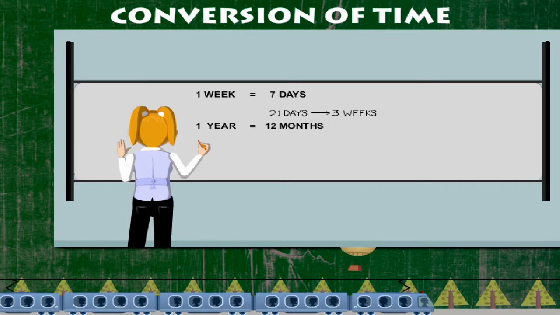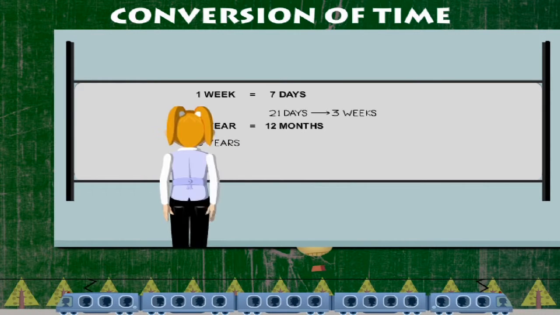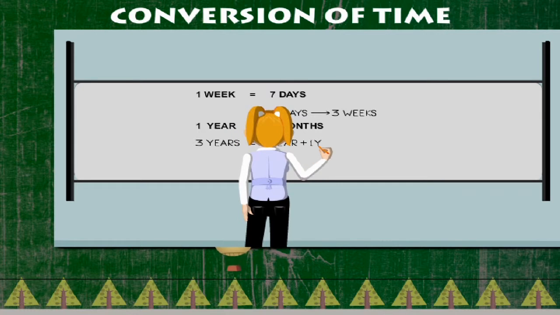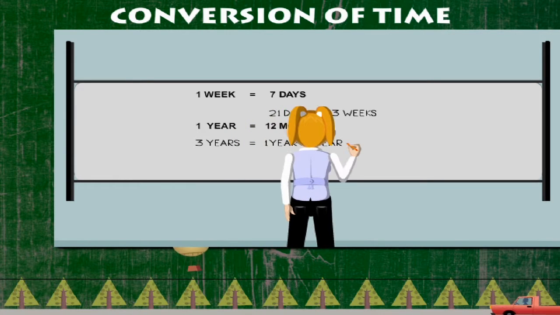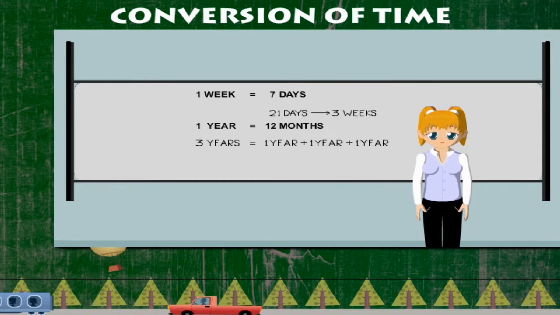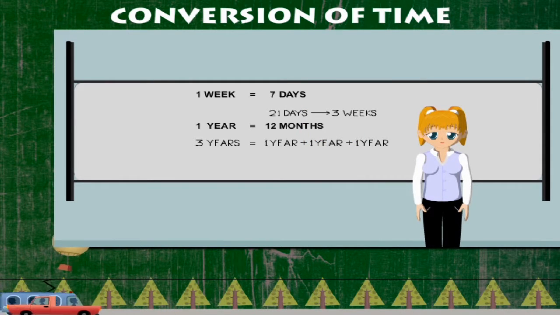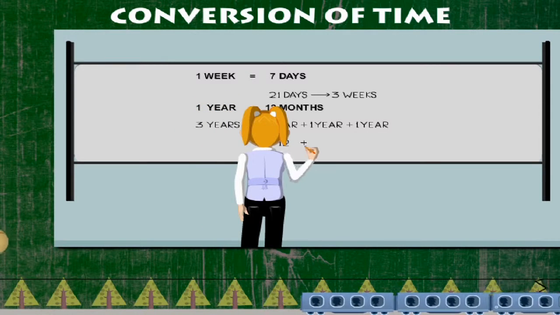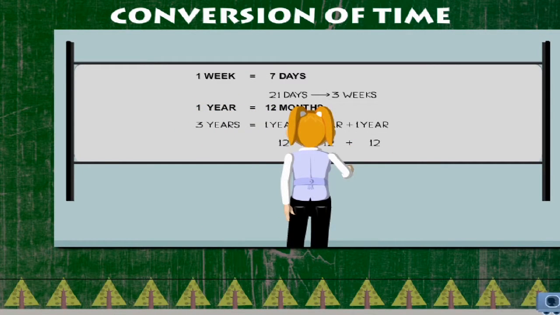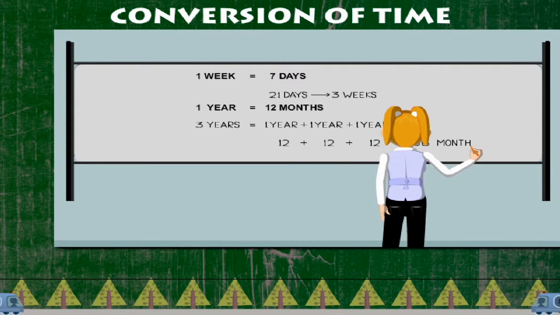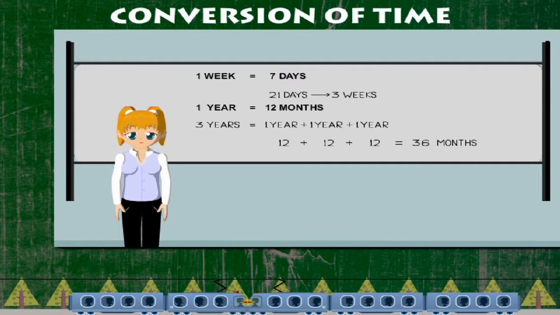One year has 12 months, so 3 years is 1 year plus 1 year plus 1 year, or 12 plus 12 plus 12 equal to 36 months.